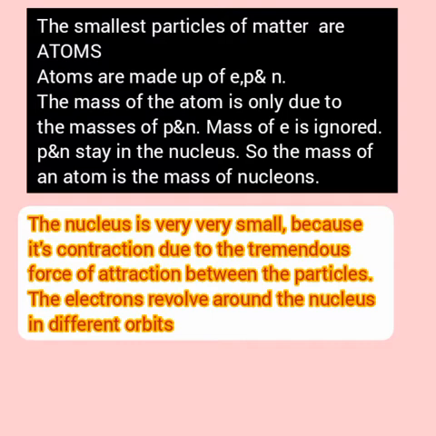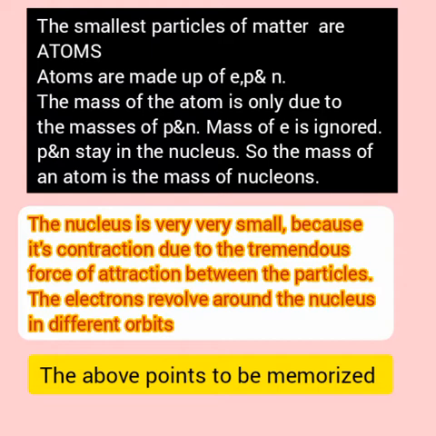Therefore, the whole mass of the atom is concentrated in the nucleus, where the protons and neutrons stay together in a very small place because of the very strong force of attraction between the particles. The neutrons and protons cannot escape the nucleus, and it takes only the smallest place because of this strong force of attraction.